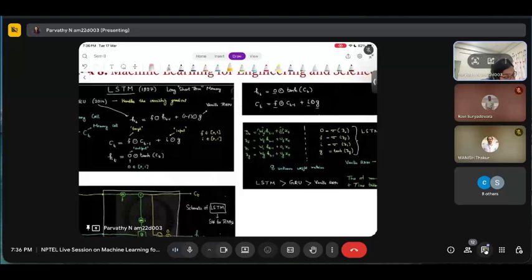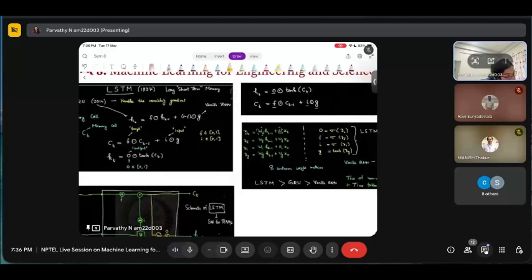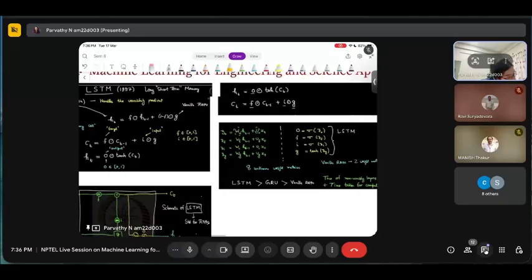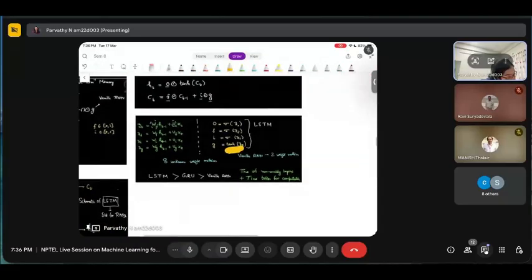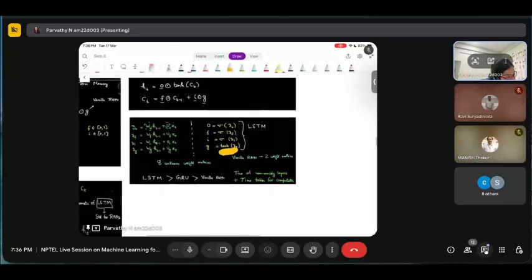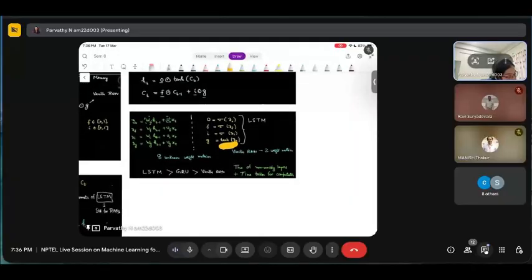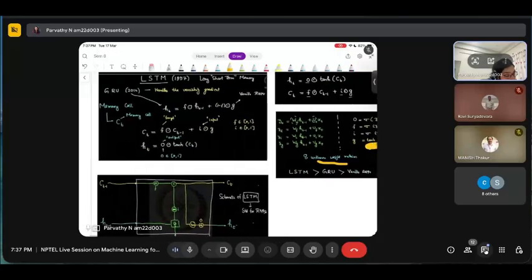Then the ct is found by the forget gate times the cell state that was there before, plus the i, which is the input, and then the activation, which is the tanh of zg. So when we compare it to a vanilla RNN, which had only two weight matrices, here we have eight unknown weight matrices, and the number of weight matrices is greater in LSTM compared to GRU and vanilla RNN. So this takes more time for computation as well.